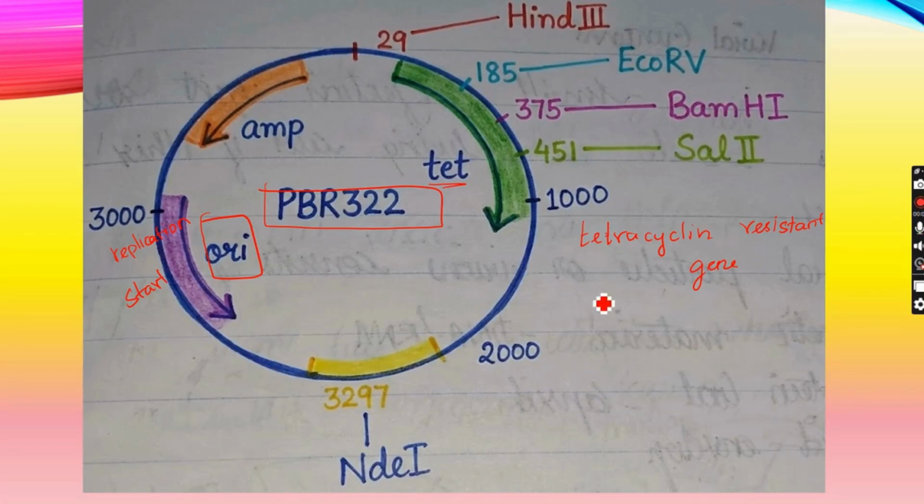That means the E. coli bacteria, which has this pBR322 plasmid, can resist the tetracycline, which means it can survive. A bacteria which has this pBR322 can survive in tetracycline-containing antibiotics too.